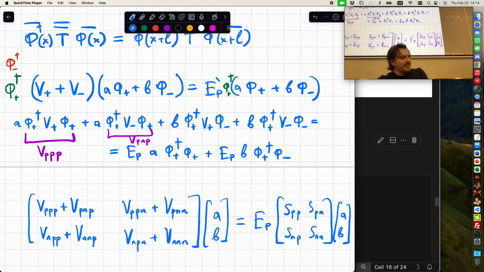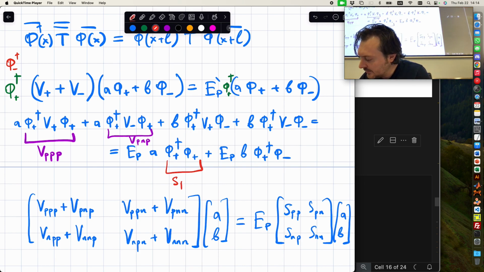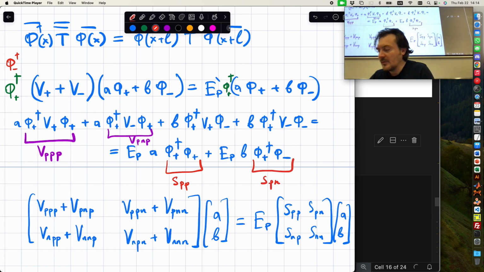Did you ask what is this? S. What is S? I didn't define S. This is SPP, and this is SPN. Now, S is something called orbital overlap. So how much overlap do you have between two orbitals?